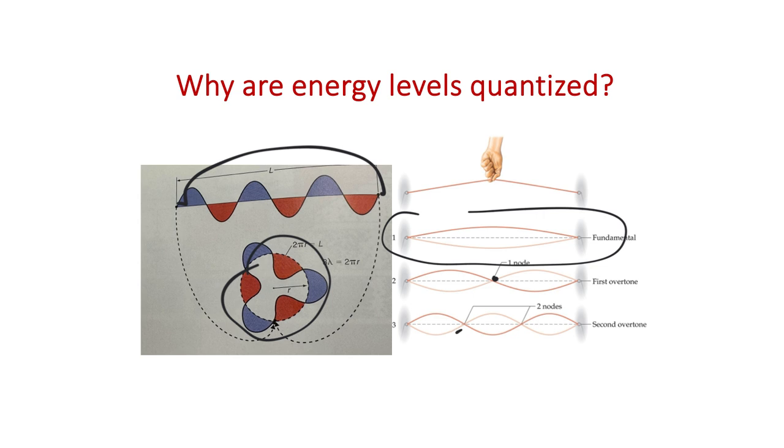And so we have to have a whole number in order for the points on the string to be able to have a trajectory backwards and forwards, and the same thing bending around the atom would need a whole number for n. So that's a brief explanation for the quantized nature.